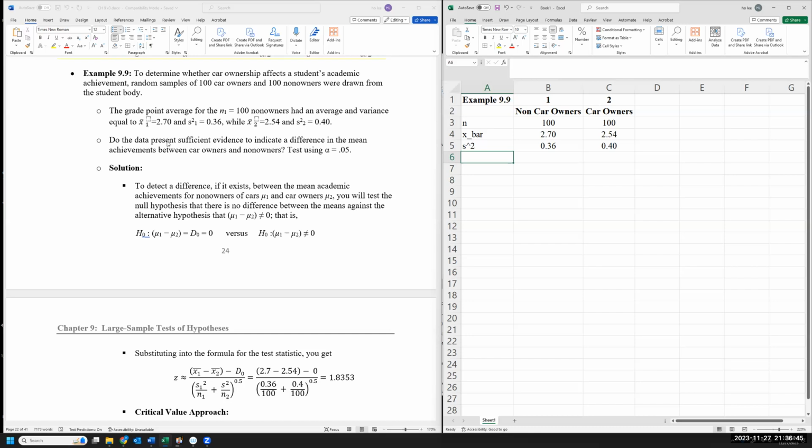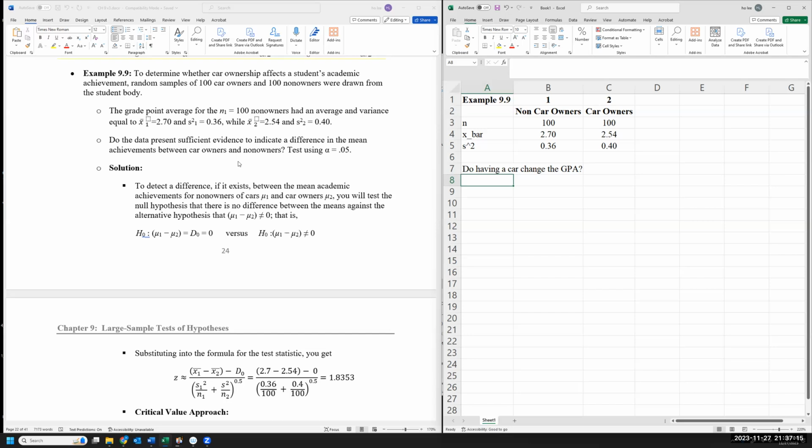And they say, do the data present sufficient evidence to indicate a difference in the mean achievements between car owners and non-car owners? Fancy way of saying, does having a car change the GPA?